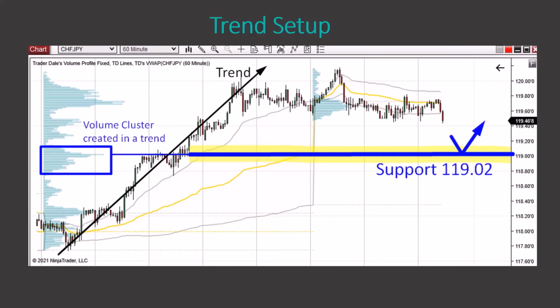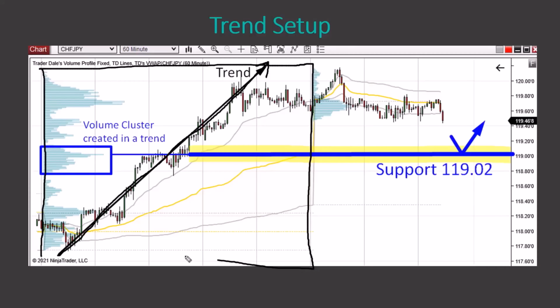Now another example on Swiss franc Japanese yen. In here there was a strong uptrend. Now in this picture I don't have the flexible volume profile, I have a fixed volume profile, this one, which shows how volumes were distributed throughout the whole week. In this case it doesn't really matter because the price was trending the whole week.